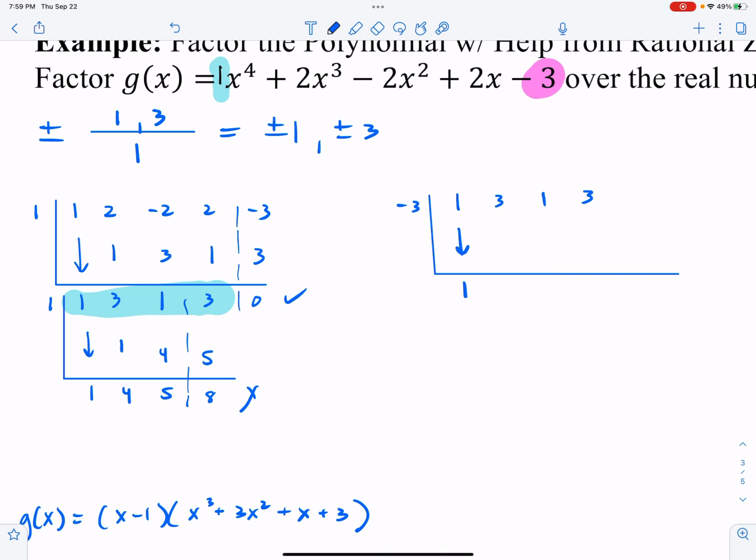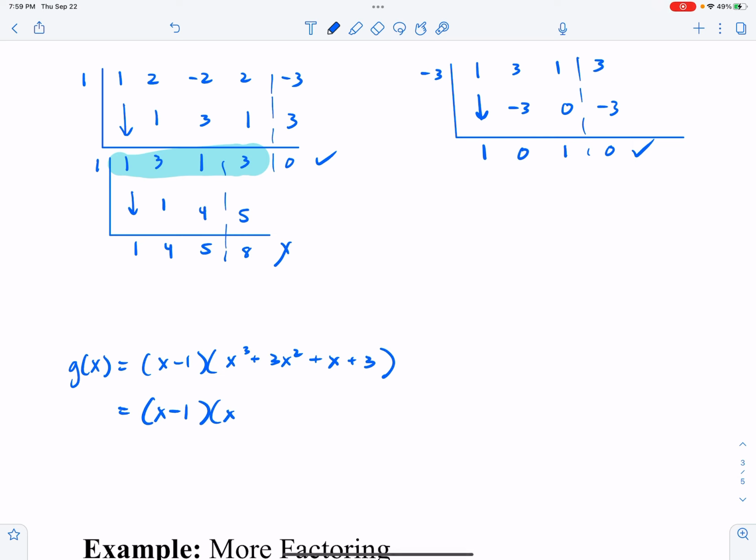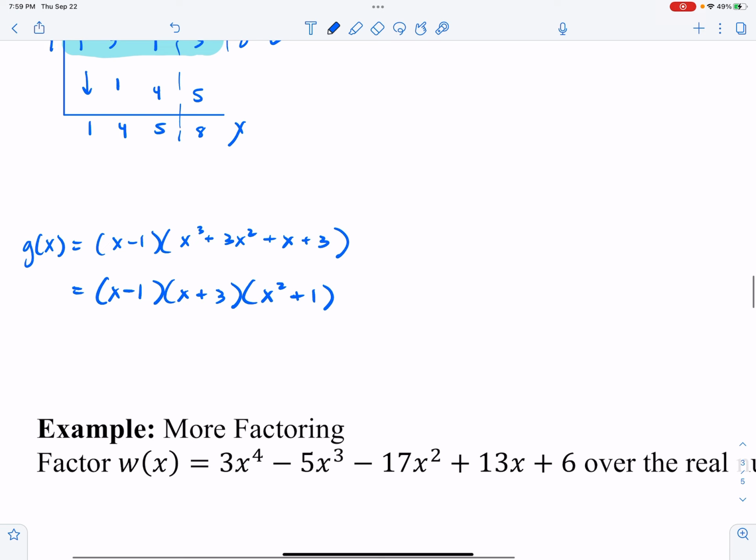Oh my goodness, it worked. Okay, so that means x plus 3 is a factor, and then that remaining factor is x squared plus 1, which does not factor over the real numbers.